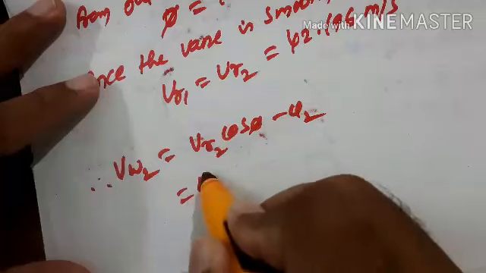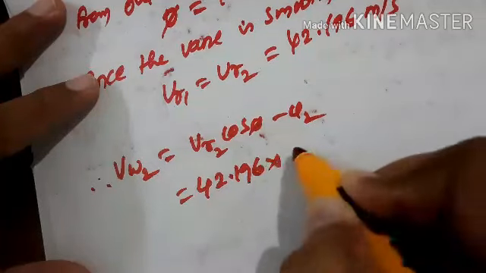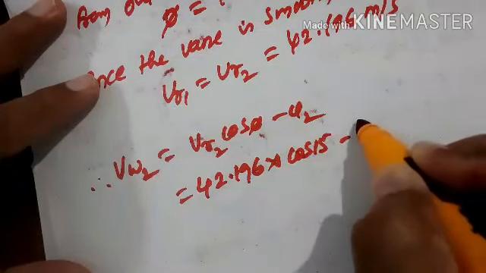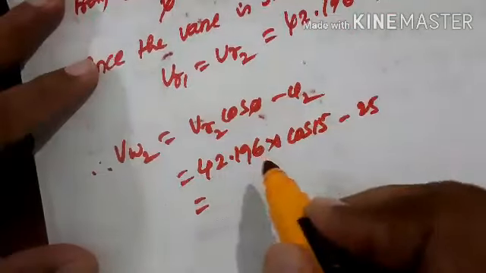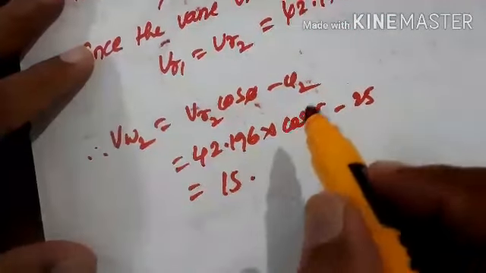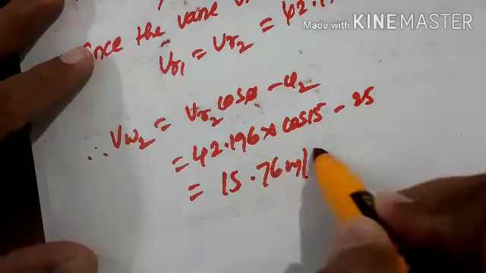Then VR2 is 42.196 into cos of 15 minus 25, that is 15.76 meter per second.